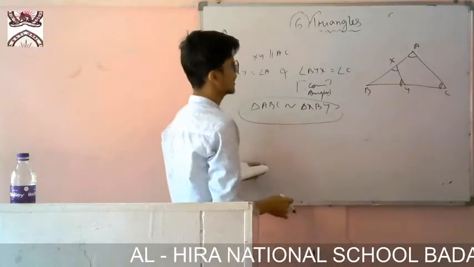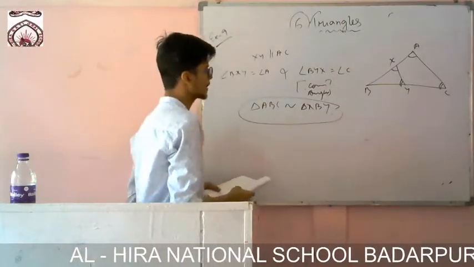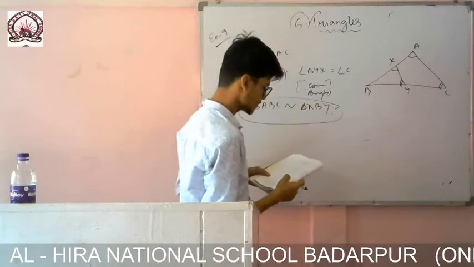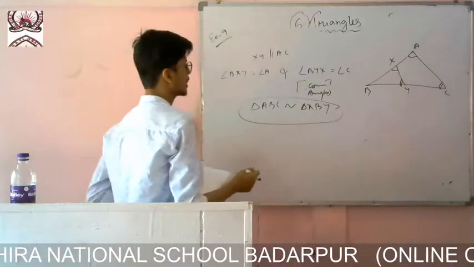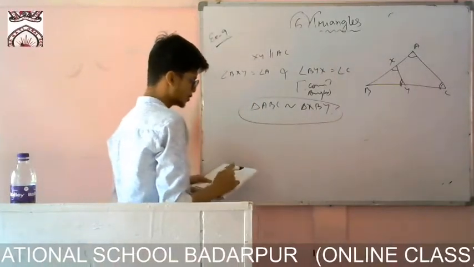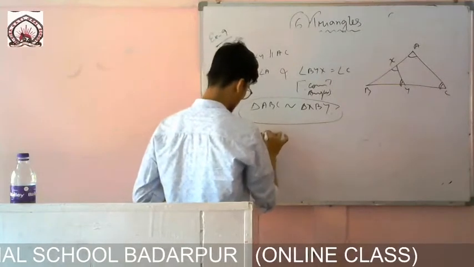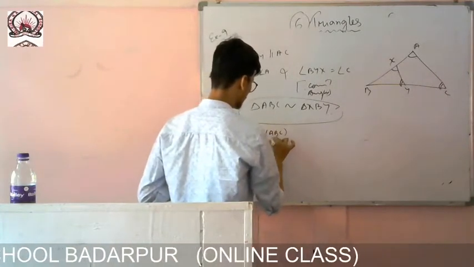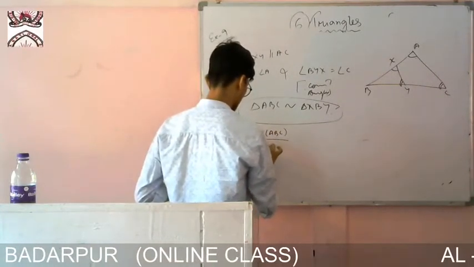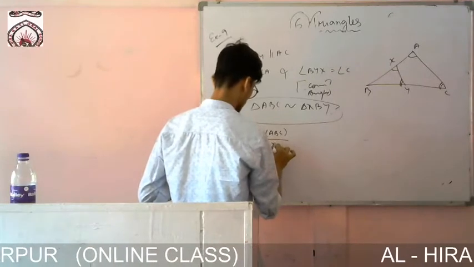So triangle ABC is similar to triangle XBY. So if it is similar, then what we have got in the earlier theorem is that the area ratio will be the square of their sides, no?